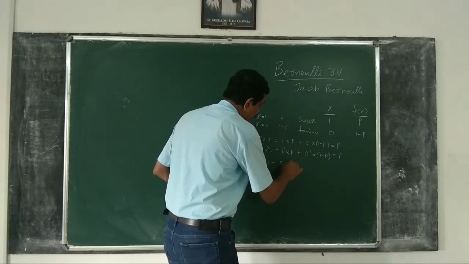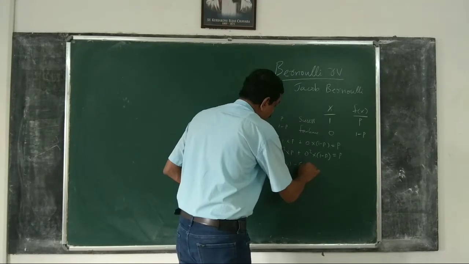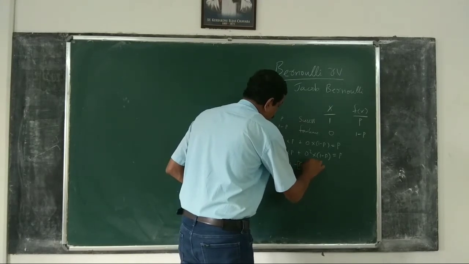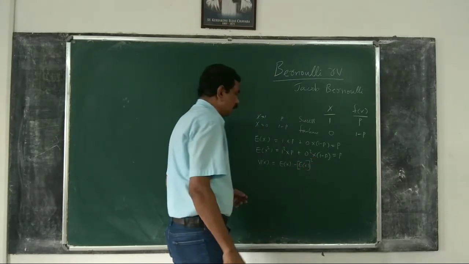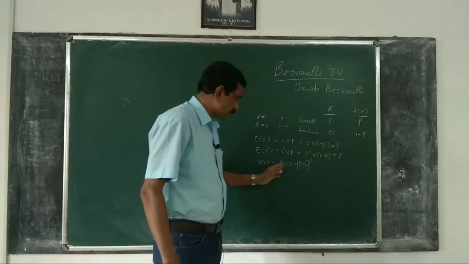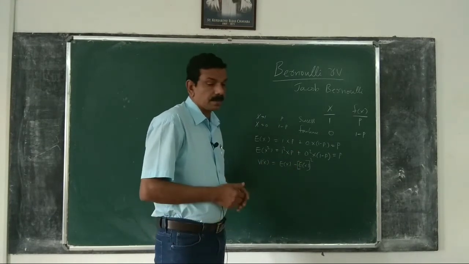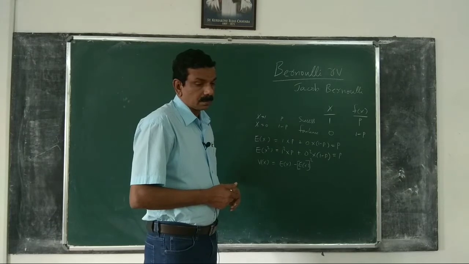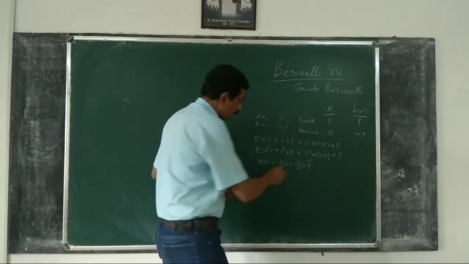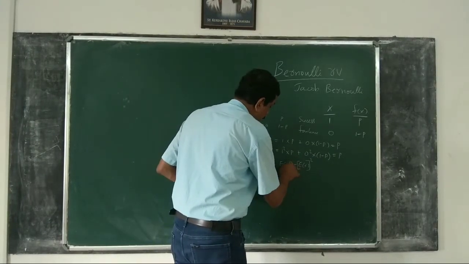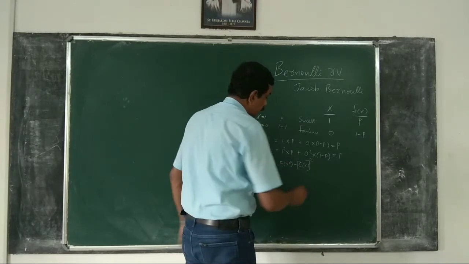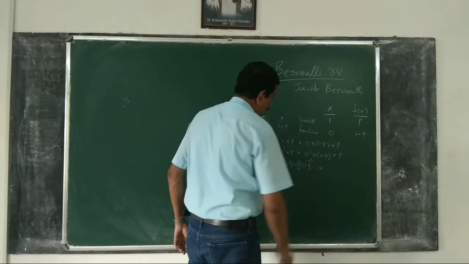So, variance of x is expected value of x minus expected value of x the whole square. We can write variance of x as expected value of x square minus expected value of x the whole square.